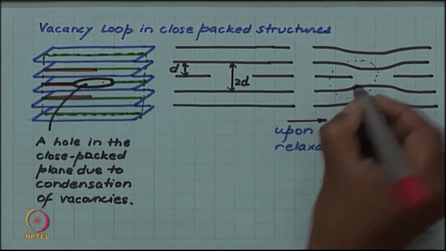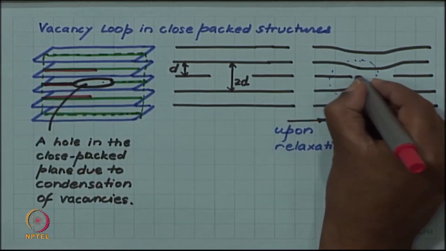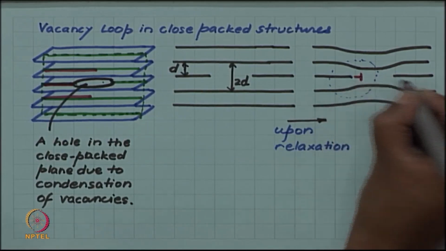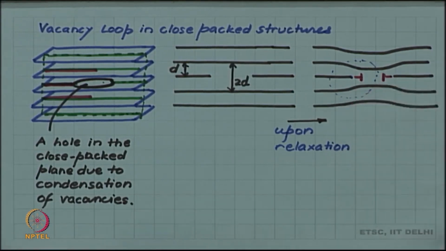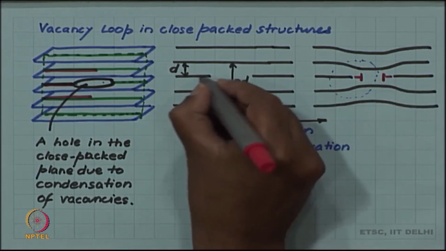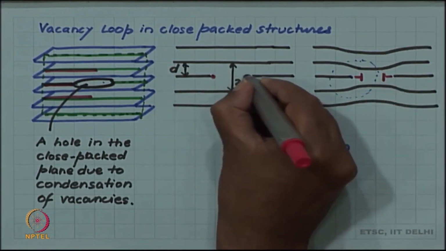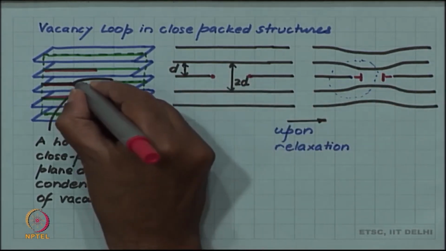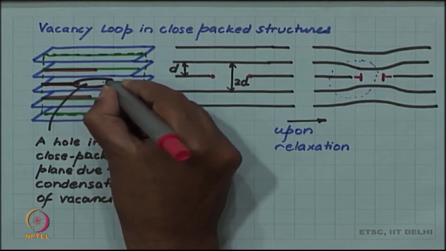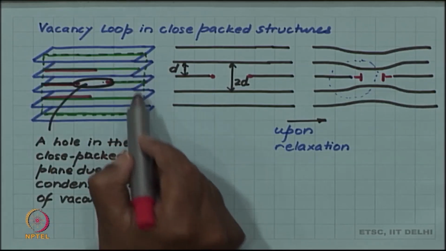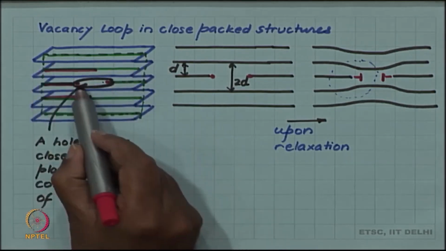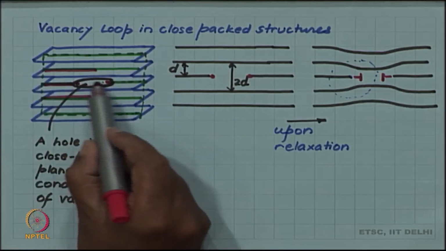So, the local configuration there is just like a dislocation. Similarly, the local configuration here is like a dislocation. So, essentially we are showing that these two end points of the hole are edge dislocation lines, but this was when we cut into this green plane.